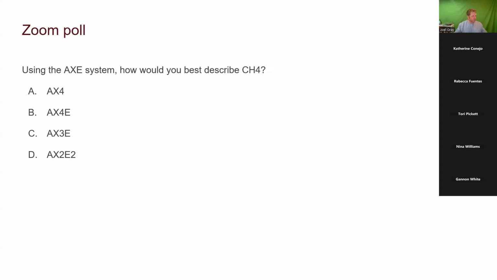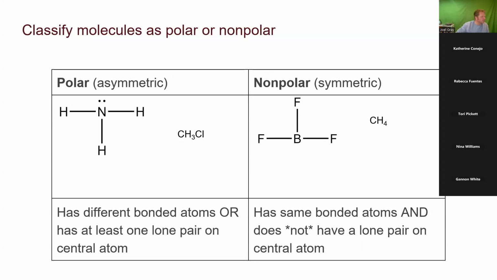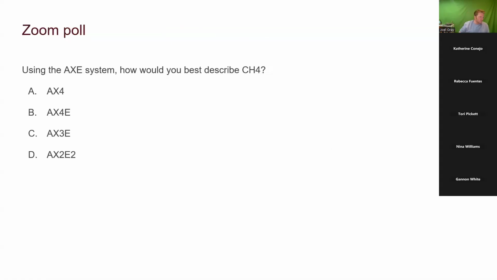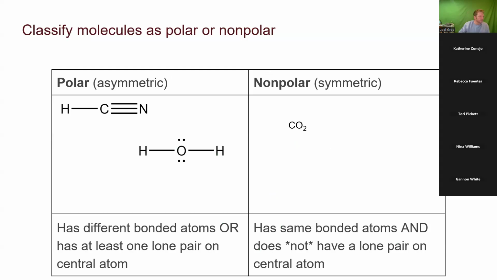Okay. Now, I'm going to go ahead and go on to our next slide. Okay. So I'll leave the poll question up. What we're looking at is central atom, AX4. That's what we're looking at.